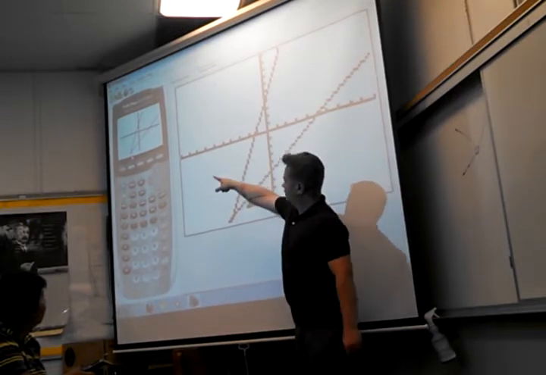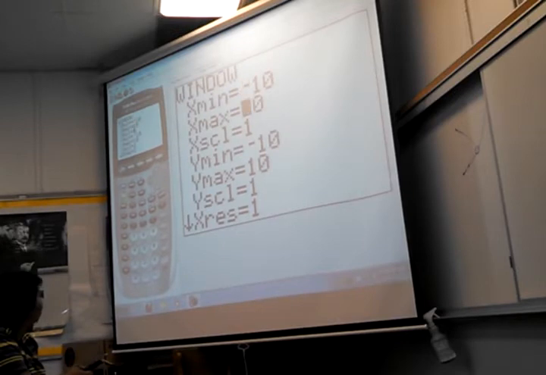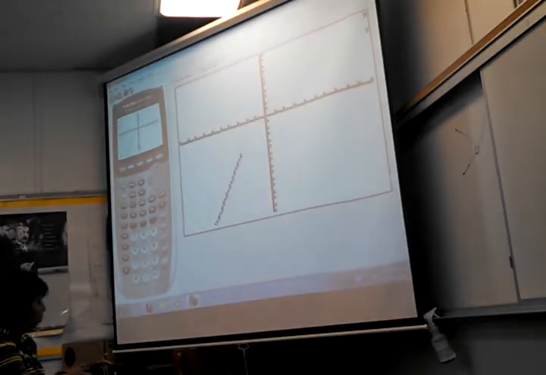Probably with the window button. So window button. Y min currently is negative 10. So let's make that negative 15. So now when I graph, it's going to be a little skewed downwards, right? So it goes a little further down. But now I can really see that.